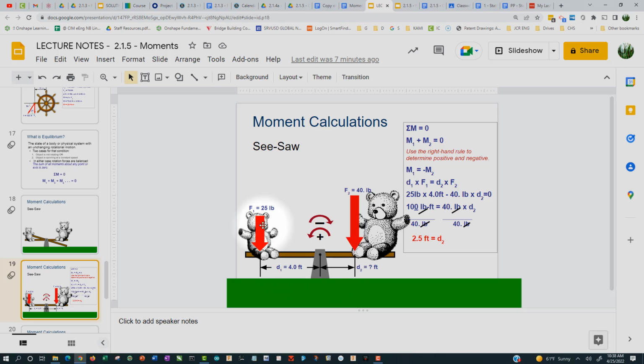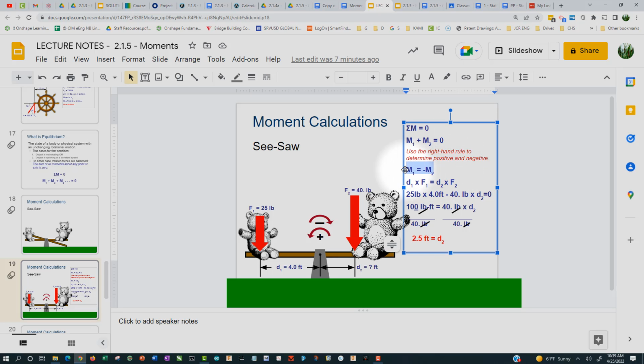And of course, a little teddy bear is a positive moment because he tends to make it go counterclockwise. Big teddy bear is a negative moment, so he tends to cause it to go clockwise. So again, for equilibrium, we want the teddy bears to balance. Sum of the moments equals zero, so M1 plus M2 equals zero. And then we get this equation here.